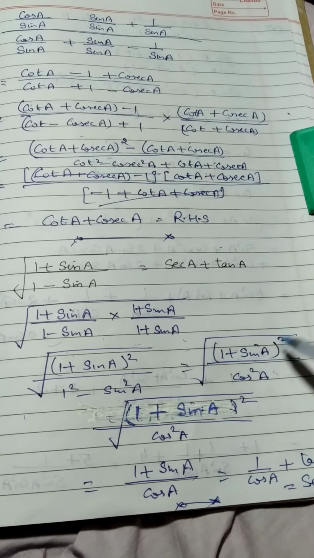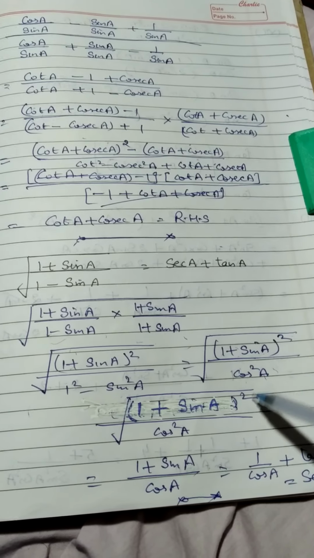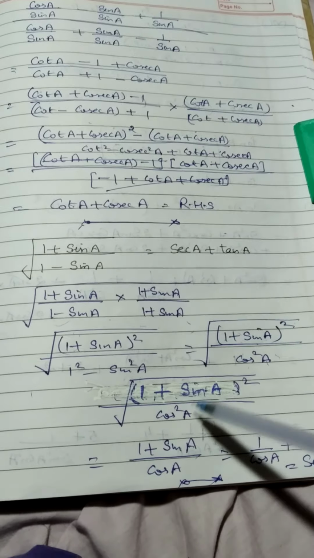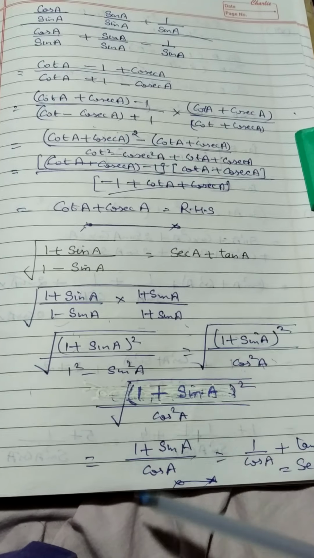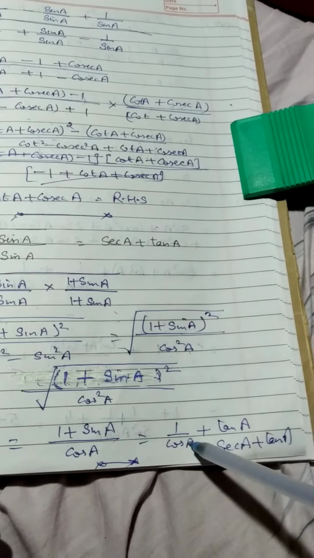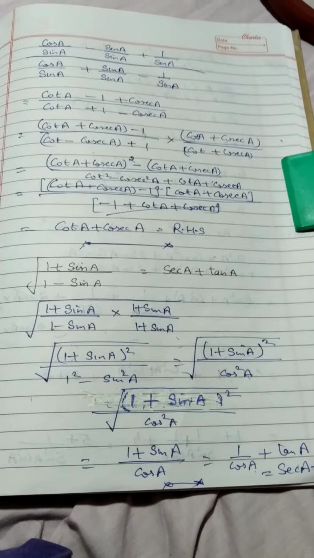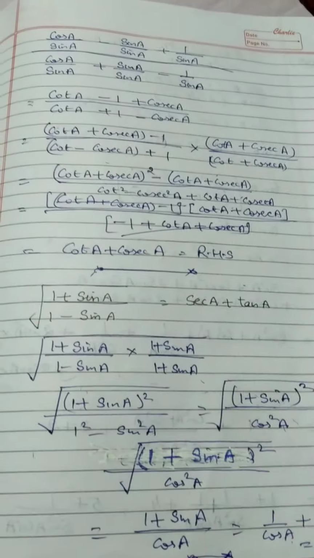Then it is (1 plus sin A) whole square upon cos square A, under the square root, so the square will cancel with the square root and we will get (1 plus sin A) upon cos A. It is 1 upon cos A plus tan A. 1 upon cos A is secant A, so secant A plus tan A. That is the right hand side. Therefore, it is also verified.